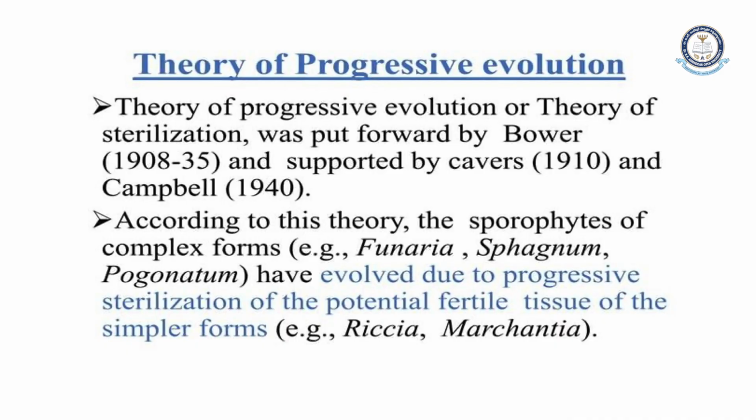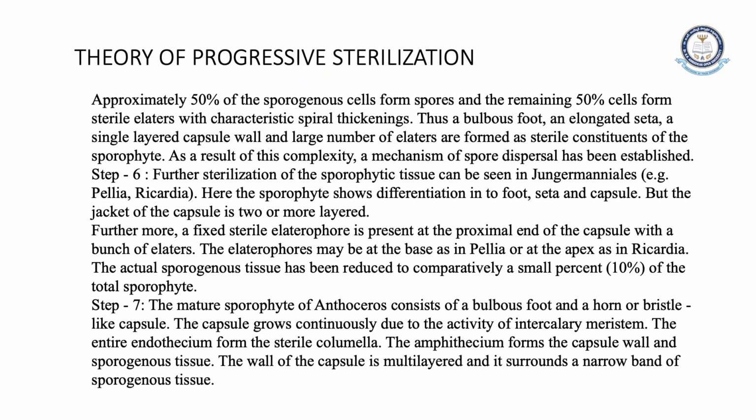Complex forms are, for example, Funaria and Sphagnum. The potentially fertile ones are Riccia and Marchantia. In this theory, approximately 50% of sporogenous cells form spores and the remaining 50% form sterile elaters with characteristic spiral thickenings.